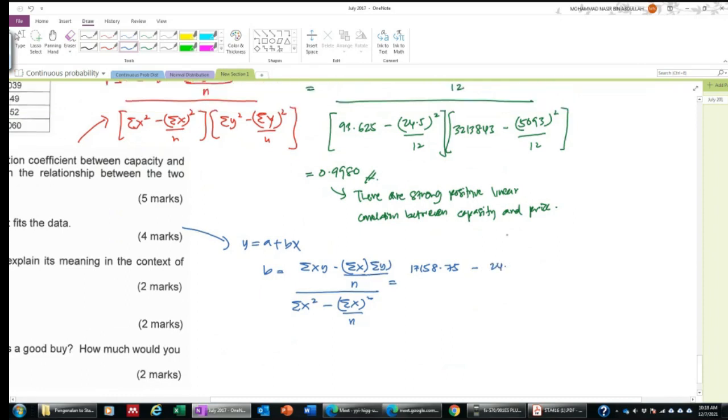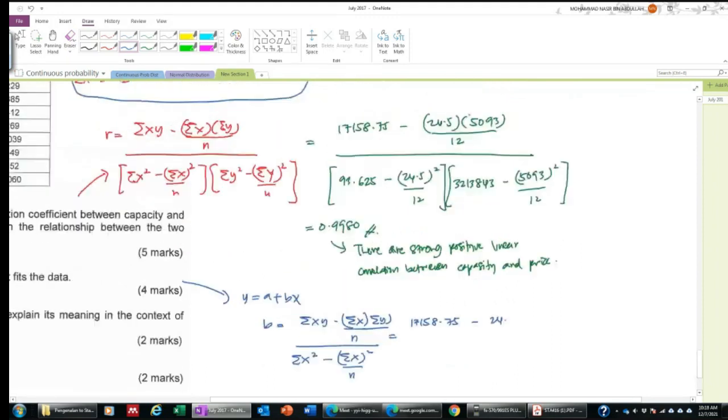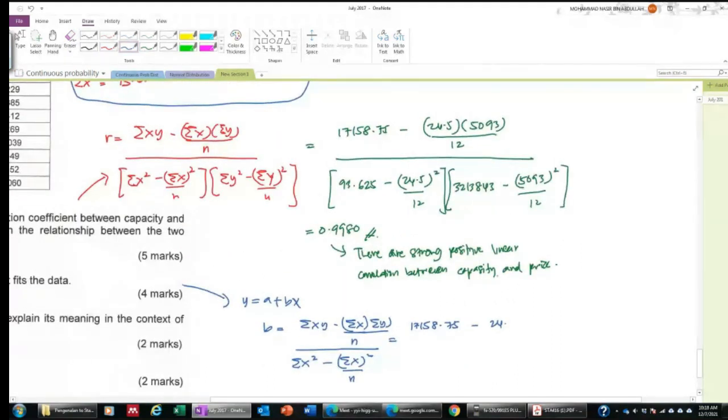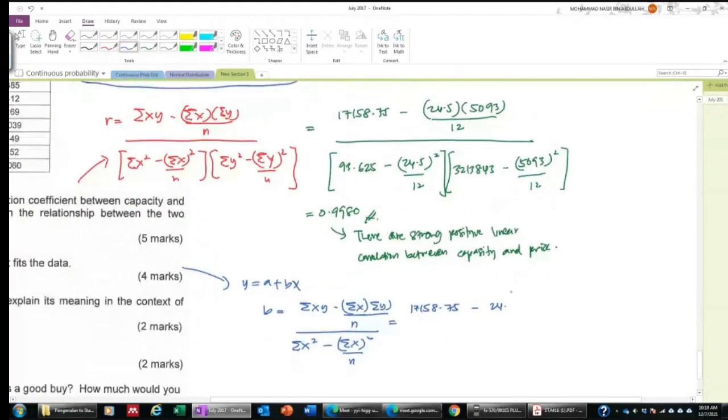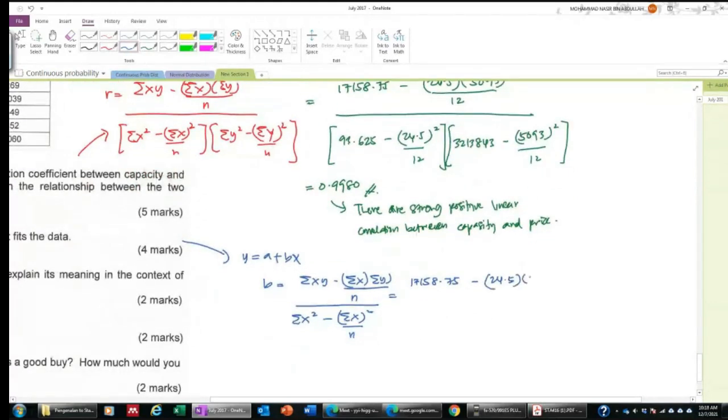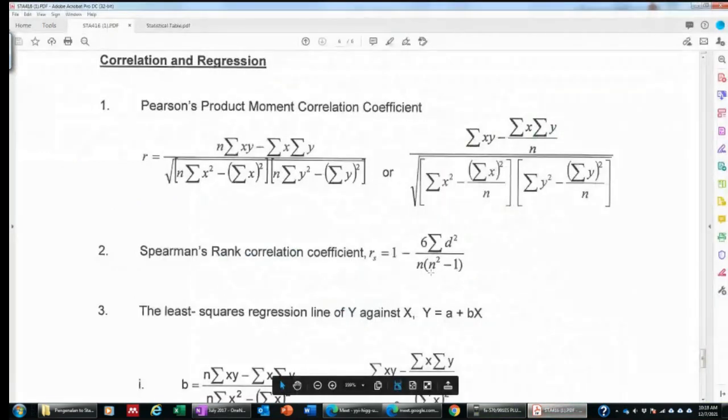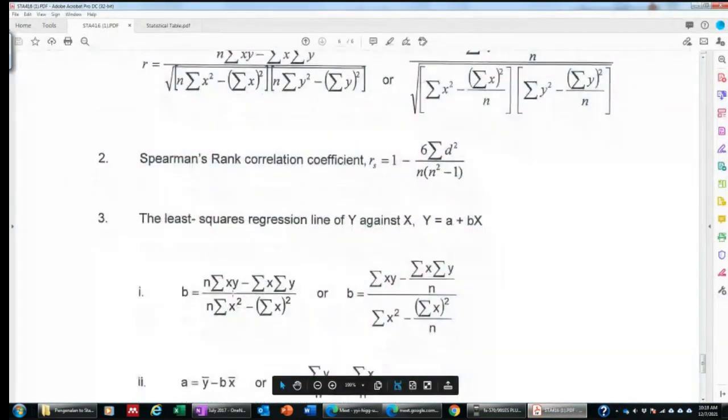So 24.5 is the same as above, but the difference is there is no y at the bottom. So 24.5 multiplied with 5093 divided by 12, everything divided by 93.625 minus 24.5 squared over 12. If you cannot remember, just refer to the formula list, right?